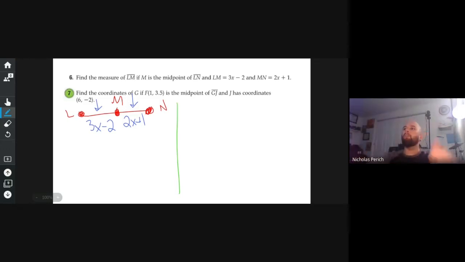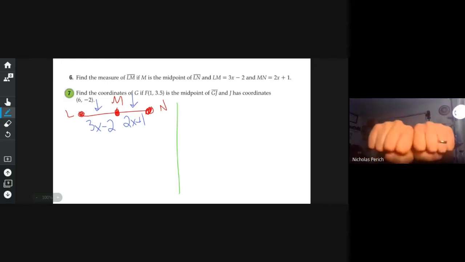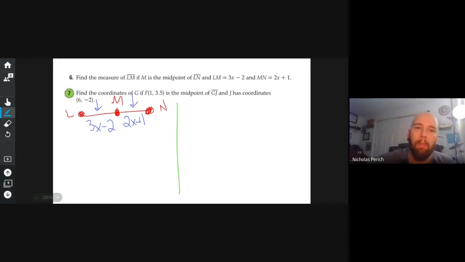If I were to take a piece of spaghetti and smash it in half at the midpoint, tell me about each side. They're equal to each other.